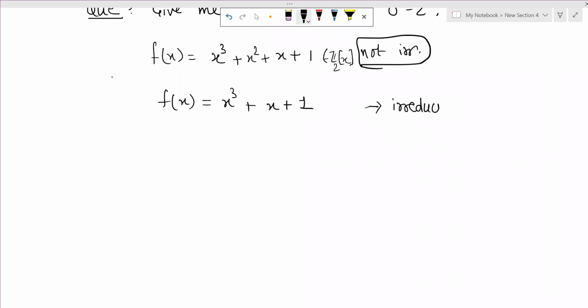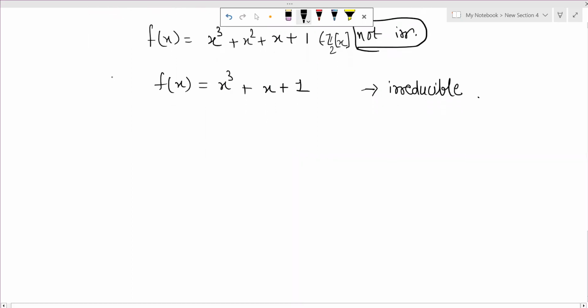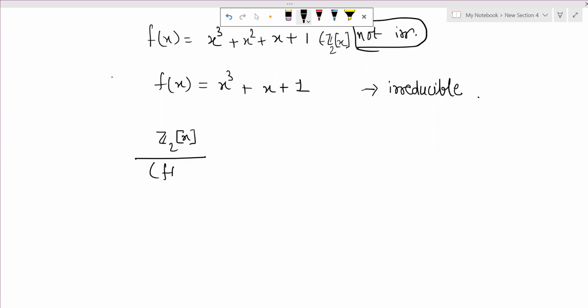Okay, this is irreducible. So now by the same argument, Z2[x] quotiented by the ideal generated by this irreducible polynomial f(x) will be a maximal ideal.